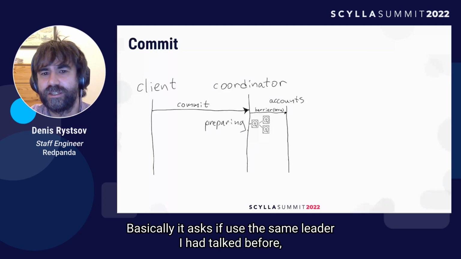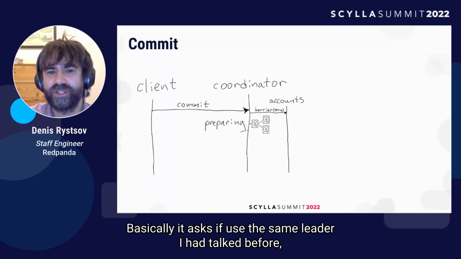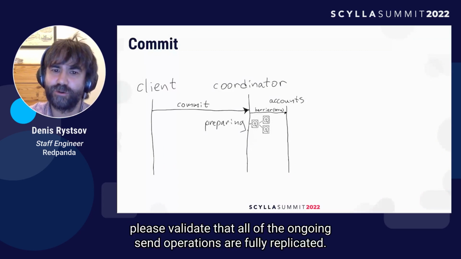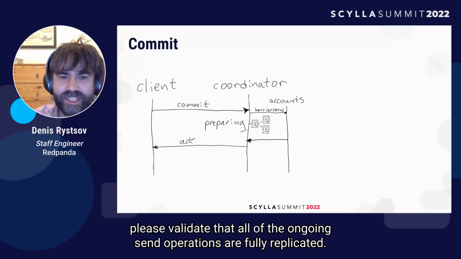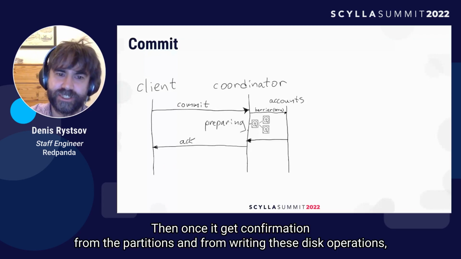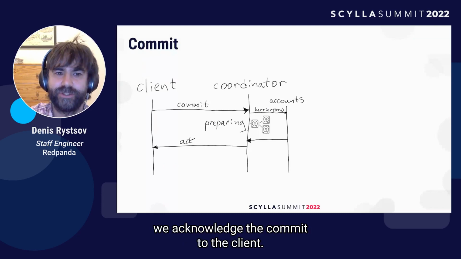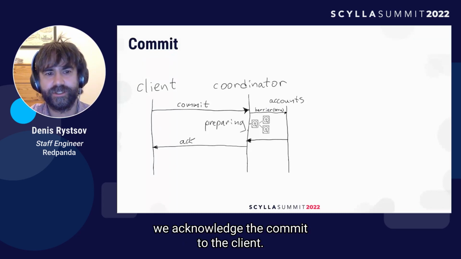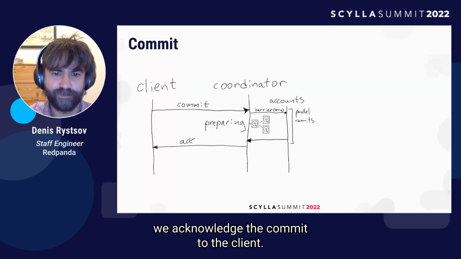Basically, it asks: if you're the same leader I talked to before, please validate that all of the ongoing send operations are fully replicated. Then once it gets confirmation from the partitions and from writing these disk operations, we acknowledge the commit to the client.